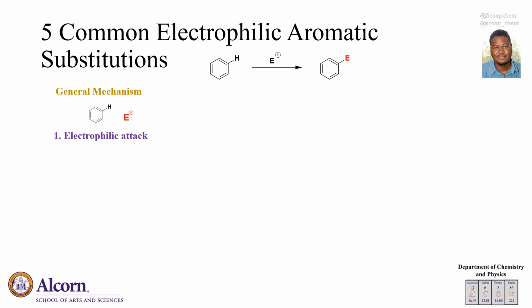All right, the benzene has the electrons that the electrophile is seeking. So one of the pi bonds, these 2 electrons, are going to attack the electrophile. Okay, that's going to generate this carbocation species. All right, and carbocations of aromatic compounds are typically known as arenium cations.